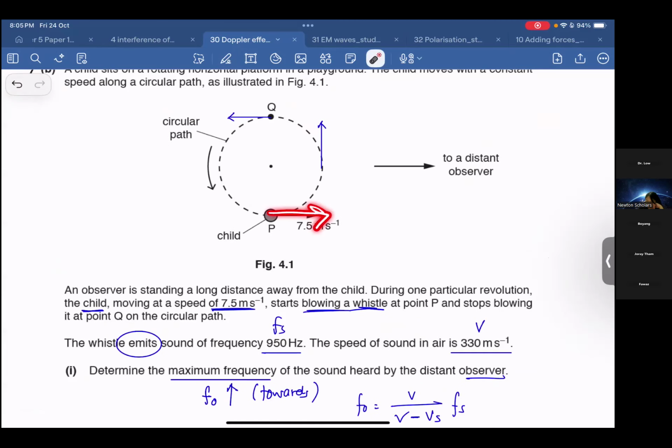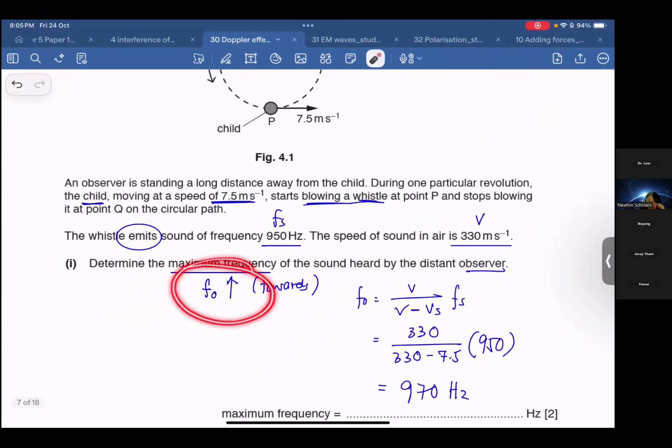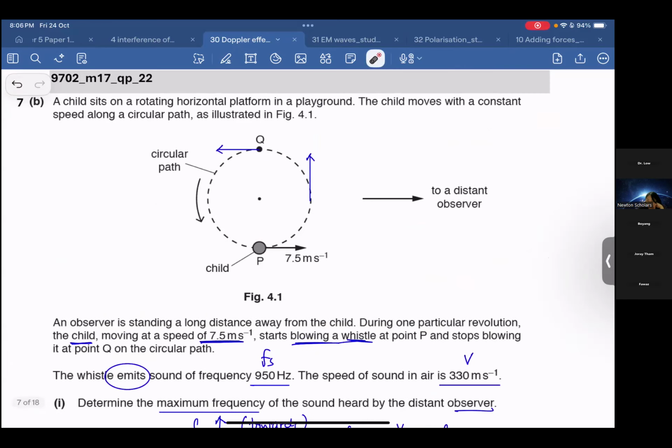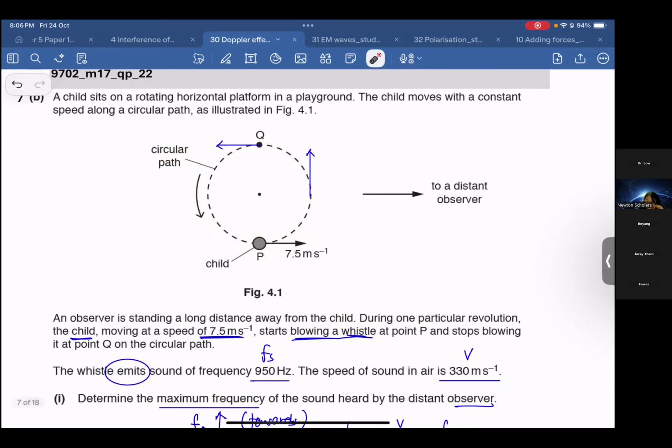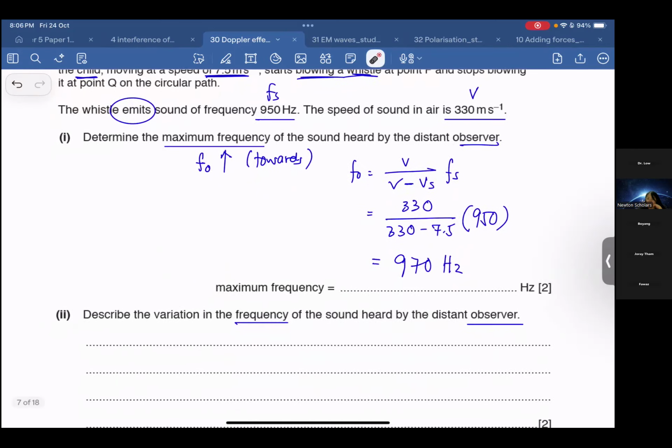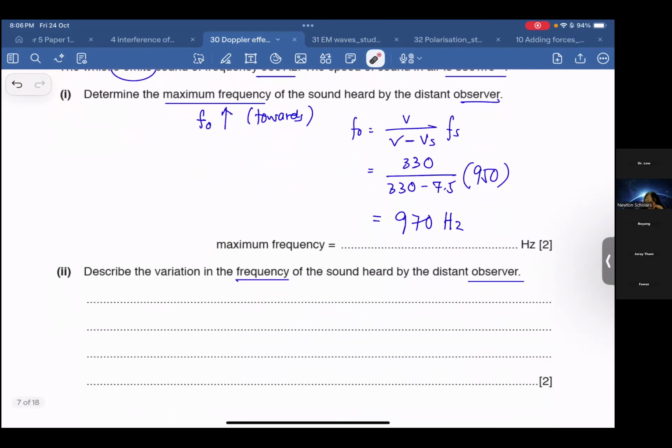So this is the maximum frequency. Am I right? After that, what's going on with your frequency? What's going on when it turns like this? Okay, so at here we counted for towards. We can also count for away, right? Away.